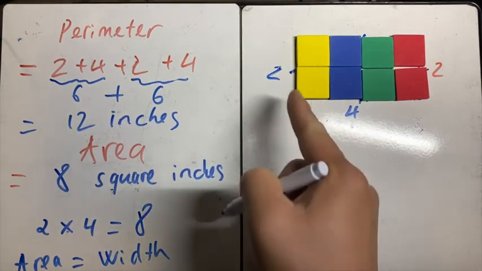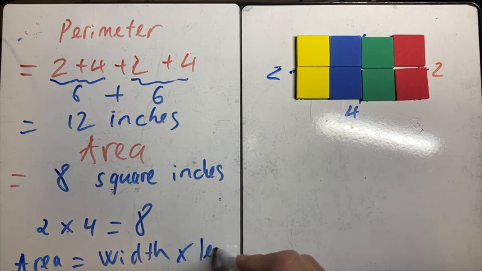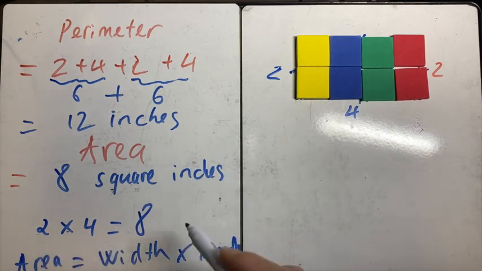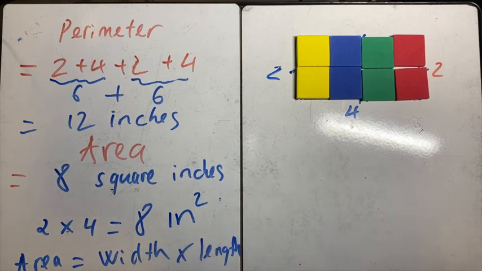It means the short side multiplied by the length of the rectangle. In this scenario, we have 2 times 4 equals 8 square inches. So I'm going to put the 2 for square.